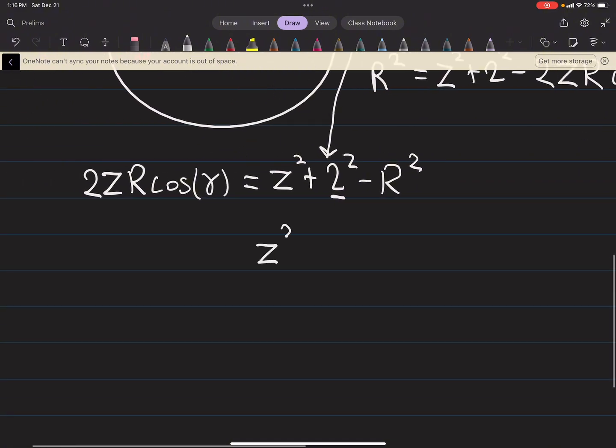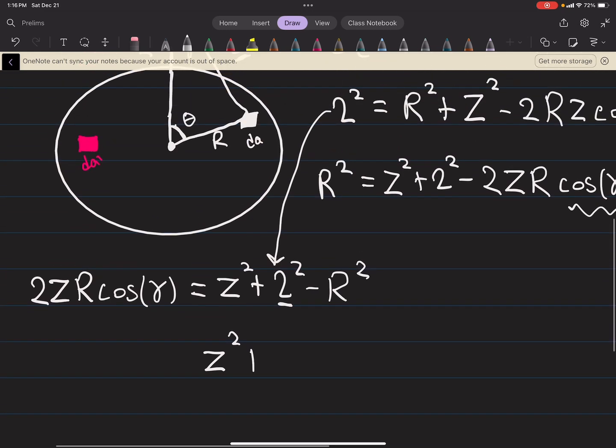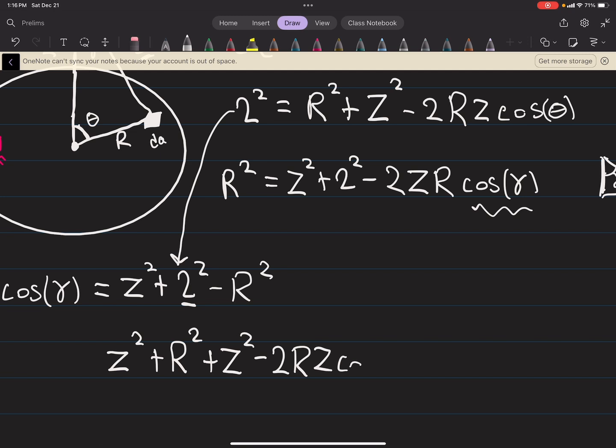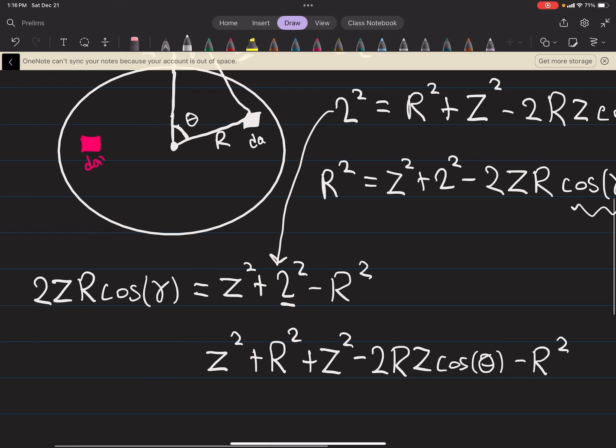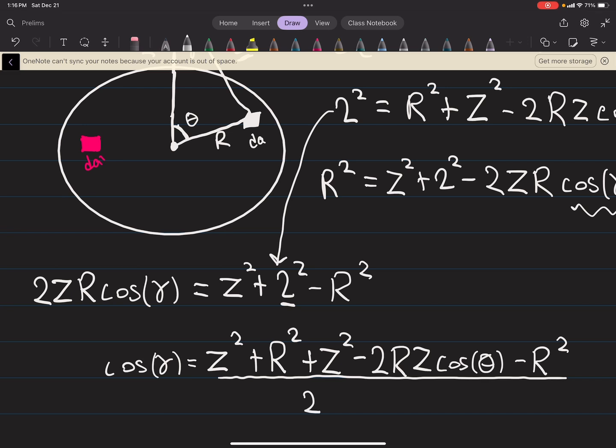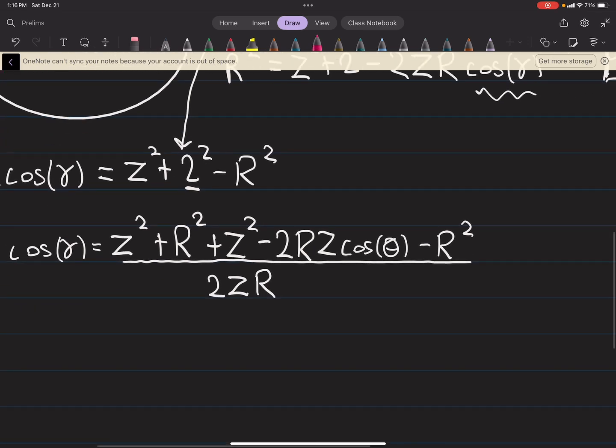So that's z squared plus r squared plus z squared minus 2rz cosine of our angle theta. And then we have our minus r squared. Now we want to solve for cosine gamma, so we'll also divide by 2 times z times script r. Clearly these r squareds drop.